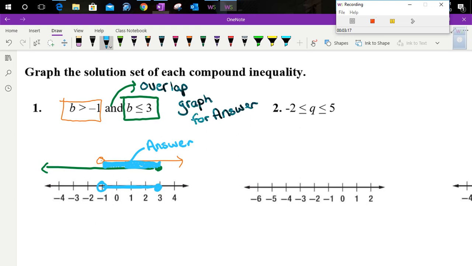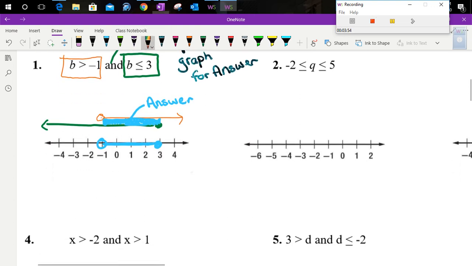That's our answer. Now, of course, we have to do the set builder notation. Set builder notation for this is going to be a little bit different. So we always start with our bracket, and then our b such that. Now, here's where I want you to think in terms of, we're going to have a blank, and a b, a blank, and then our brackets.